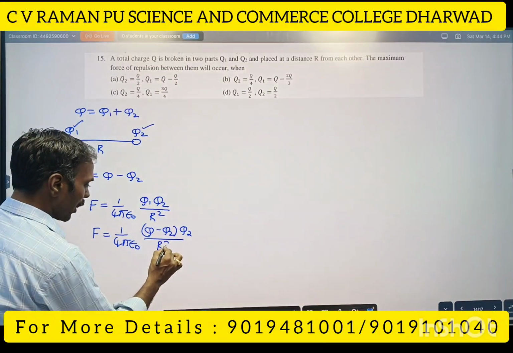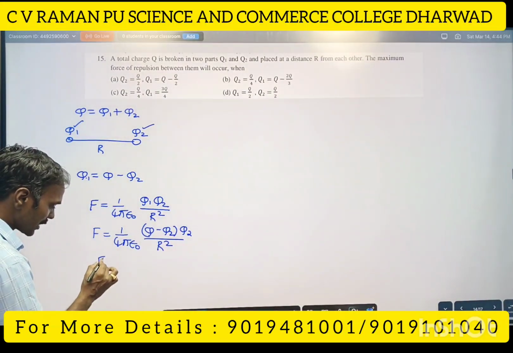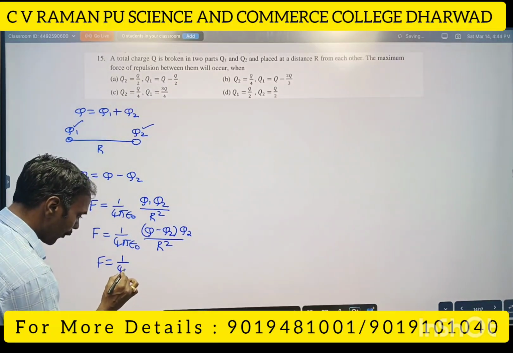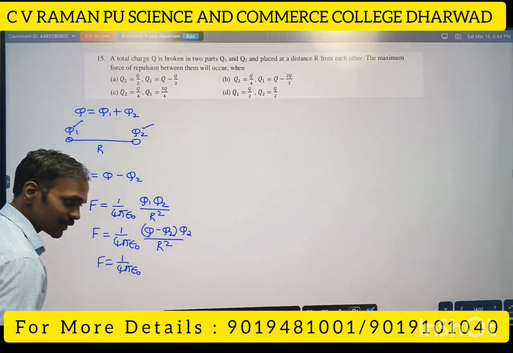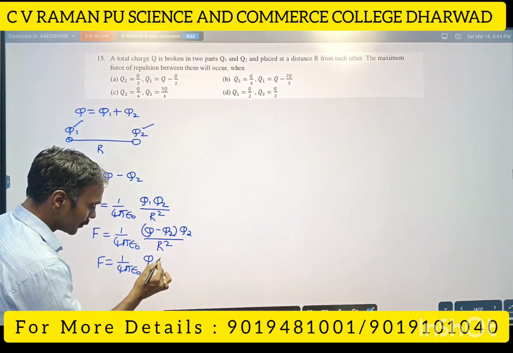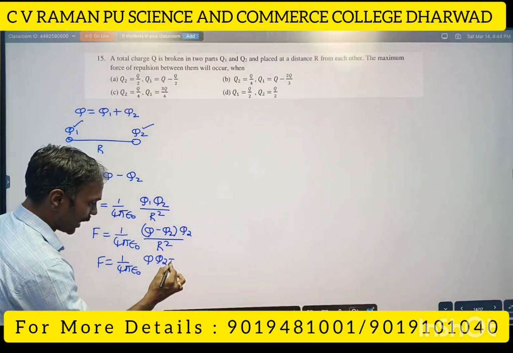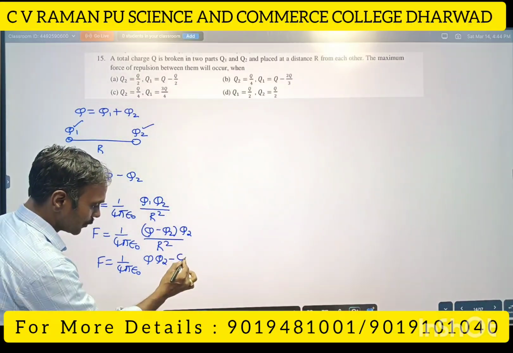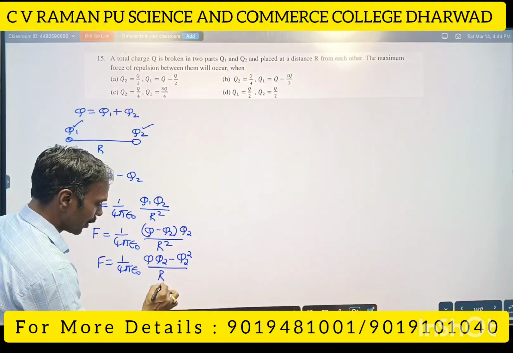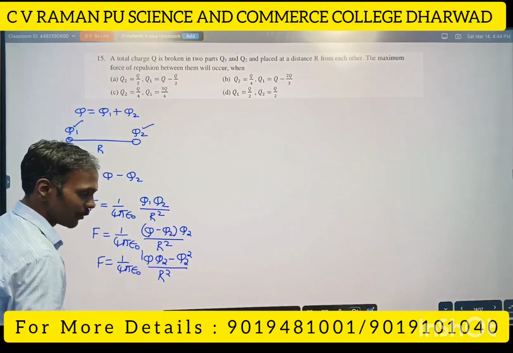divided by r square. So once again force F is equal to 1 upon 4 pi epsilon naught, Q into Q2 minus Q2 square divided by r square, is the equation we got.